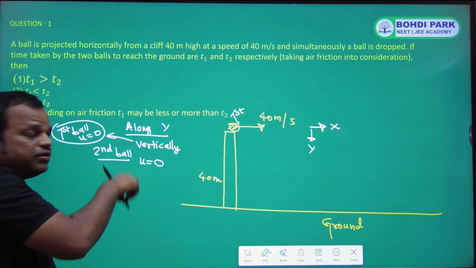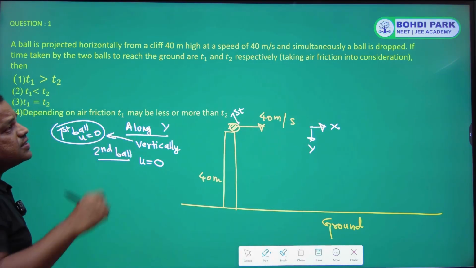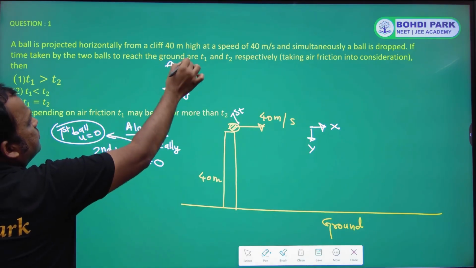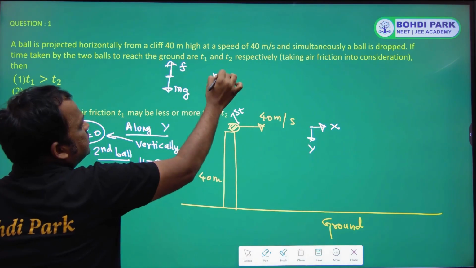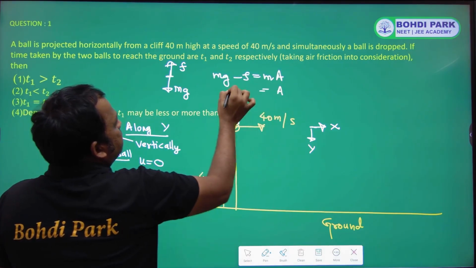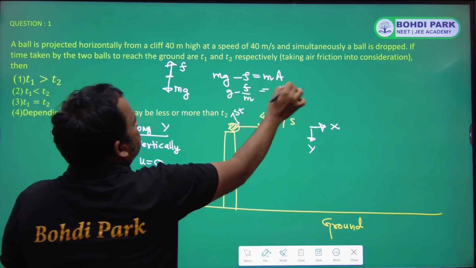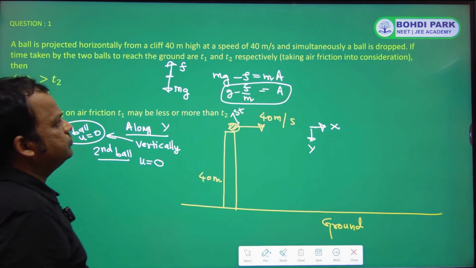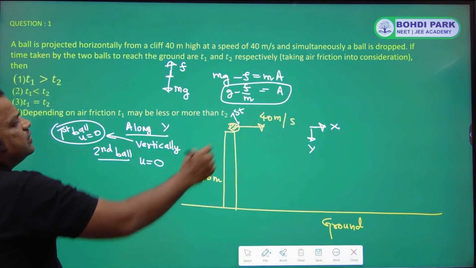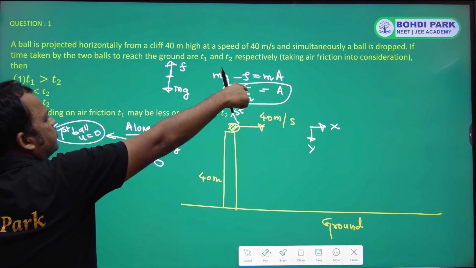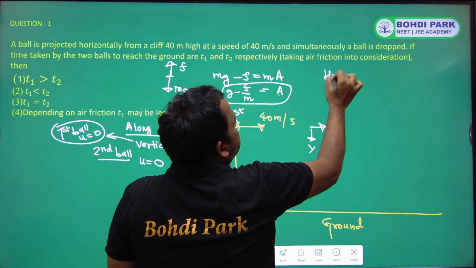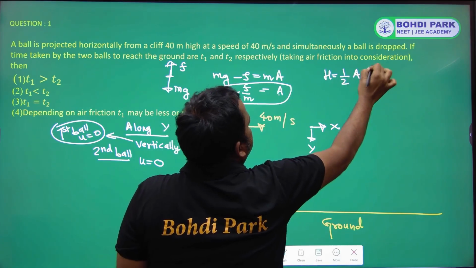Now, as they fall down, air friction is considered. So the downward force is mg and the upward force is air friction. The resultant force mg minus f is equal to ma, so the acceleration will be g minus f by m. If both balls are identical, the mass is the same and the friction force is also the same, so the acceleration is the same.